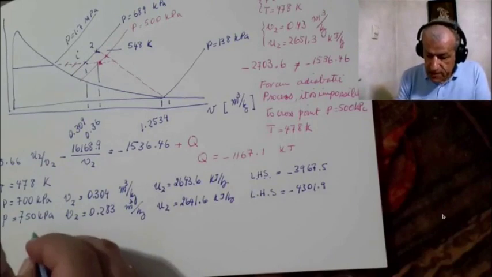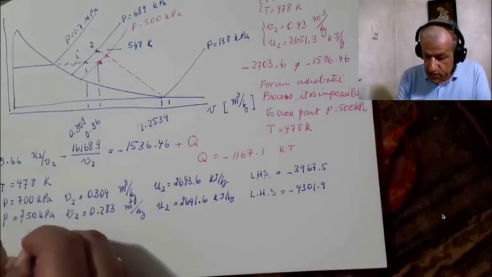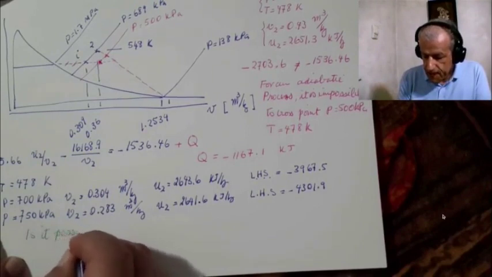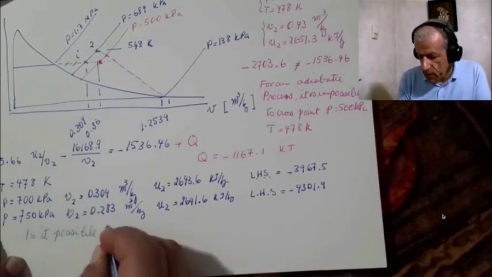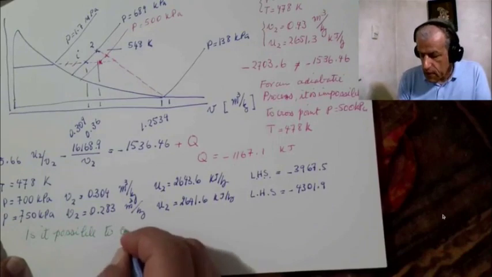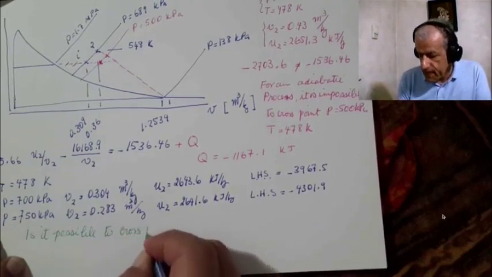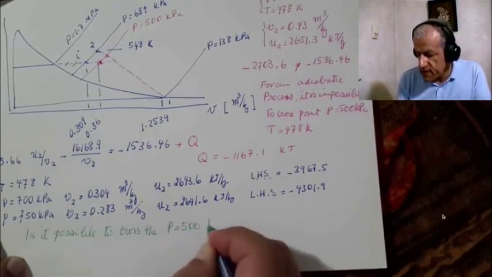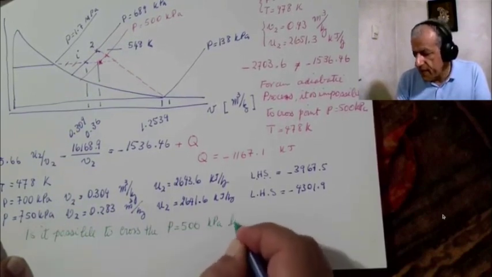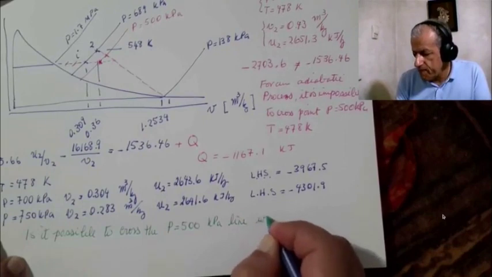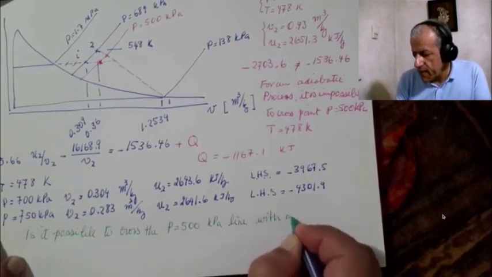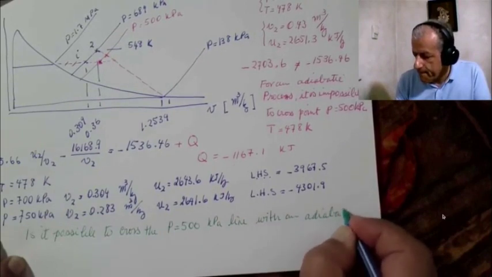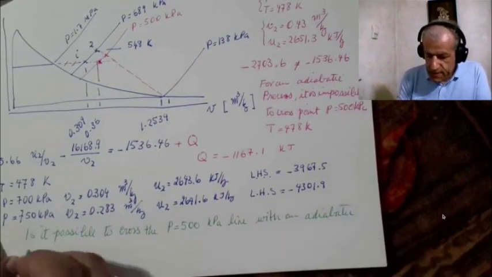The question is, is it possible to cross the P equals 500 kilopascal line with an adiabatic process?